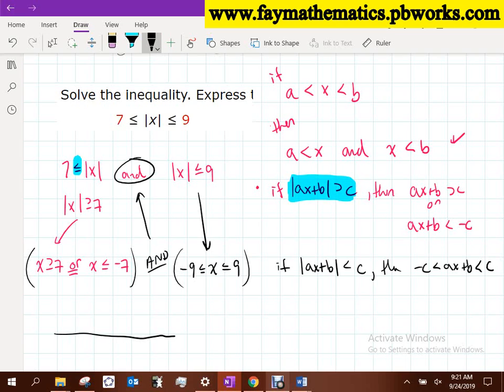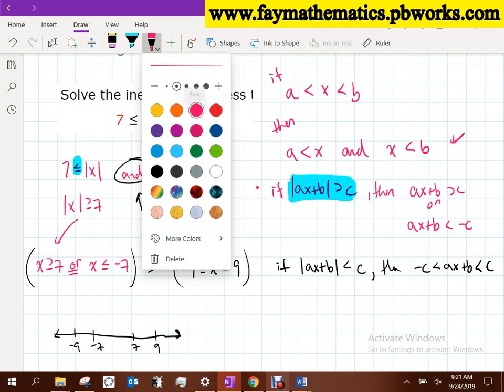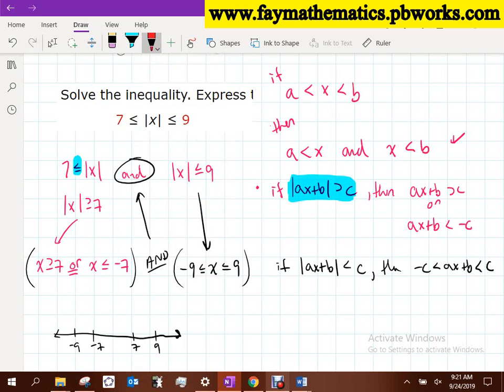So I'll make my number line. The only values on here that we need are 7, negative 7, 9, and negative 9. So put those on. Okay. Now this red one says x is greater than or equal to 7, right?